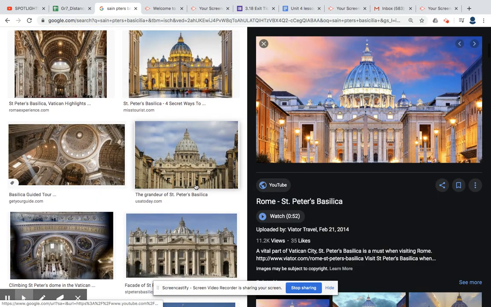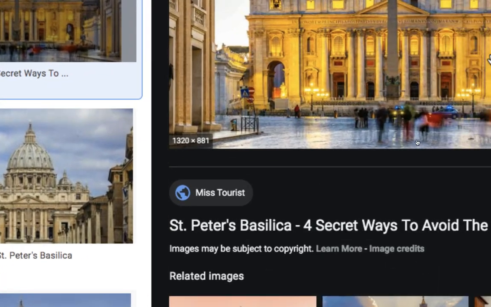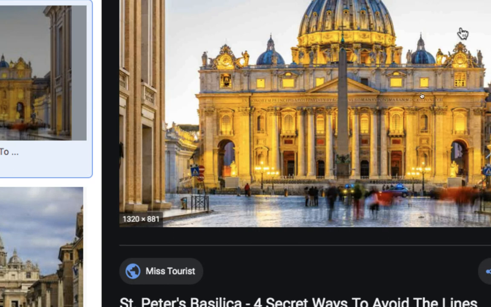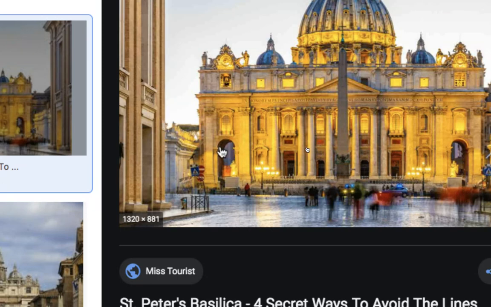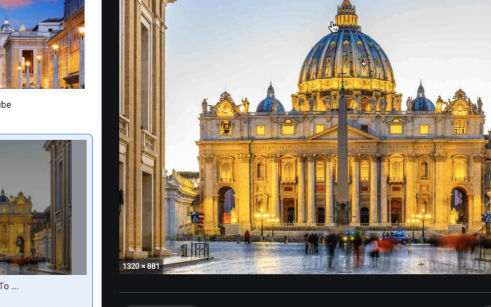Here you have the columns. Here you have the arches. You see where the hand is, the arches. And finally, you have the huge dome.